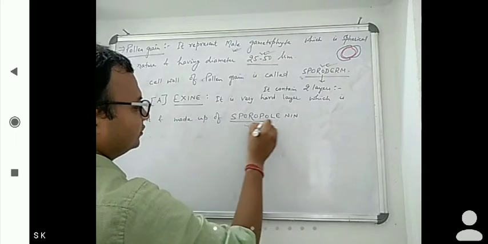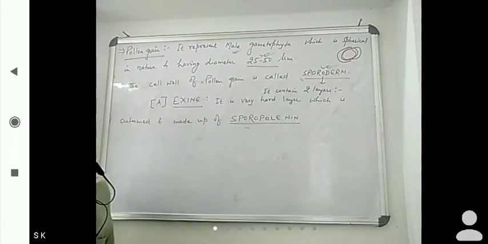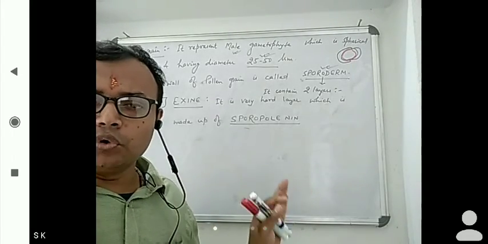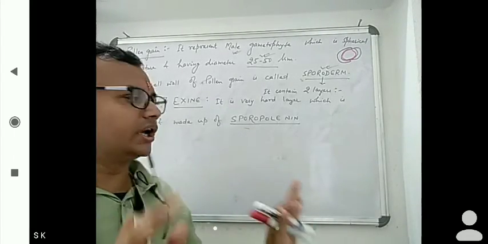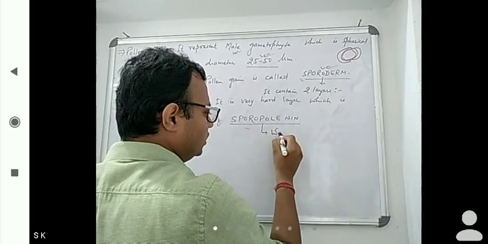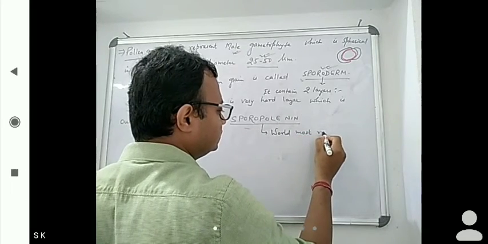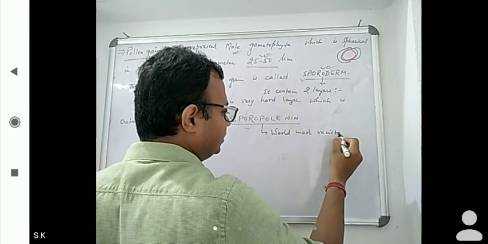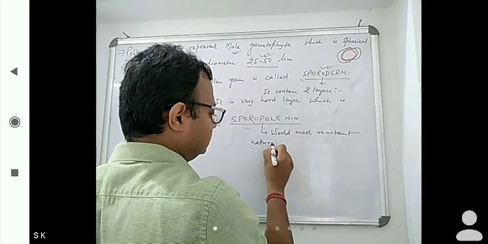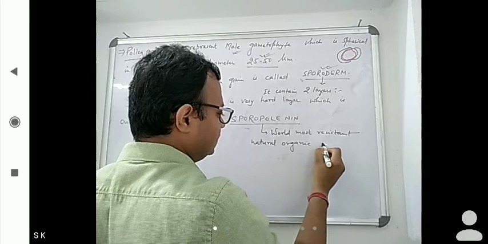Okay, so this is made up of what? Sporopollenin. Now already we know sporopollenin is what? The world's most resistant natural organic material.